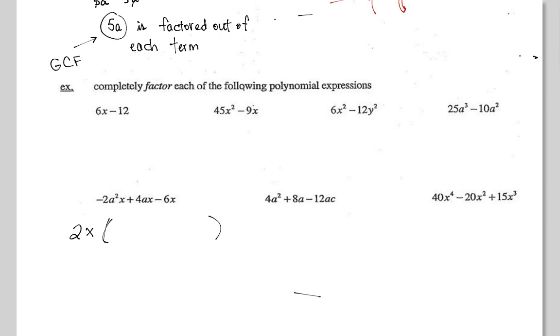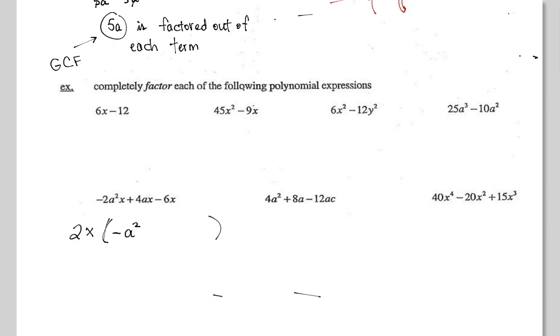What's the first one? Negative 1a squared. Do you see it? What's 2 divided by 2? 1. And x divided by x? 1. So you're just left with that negative a squared.